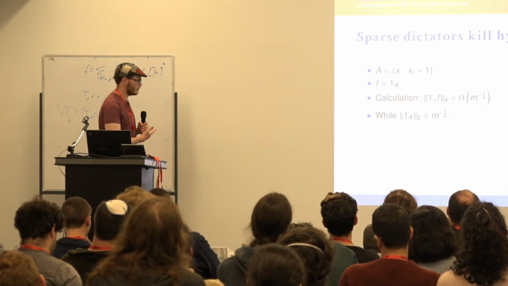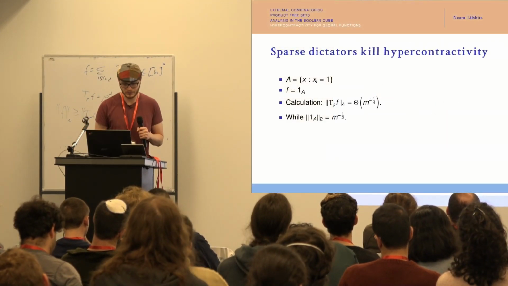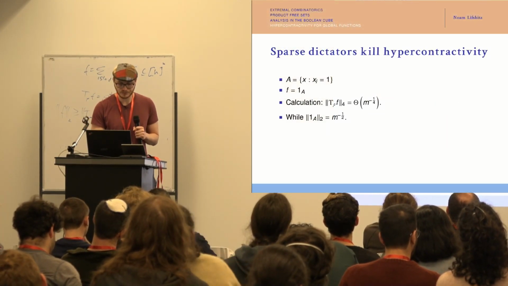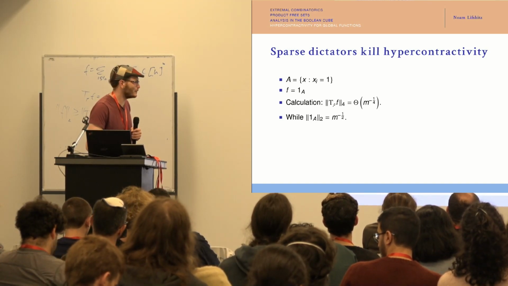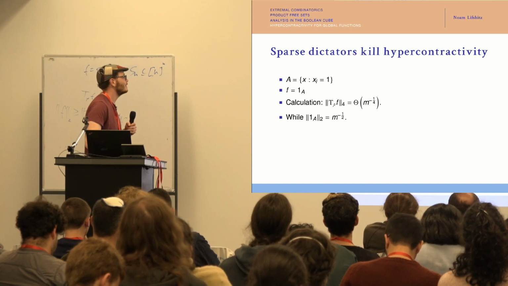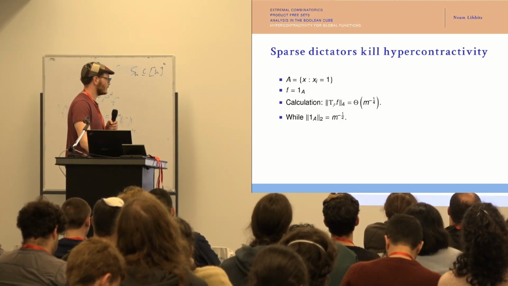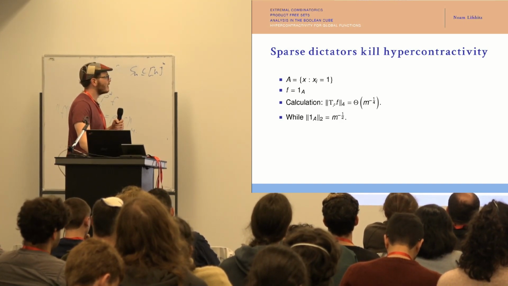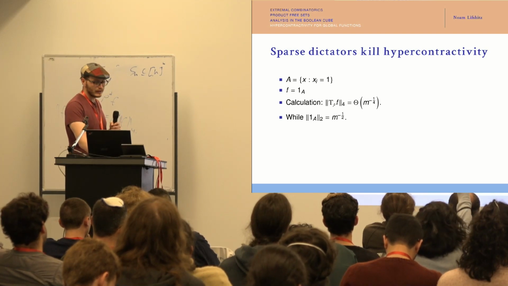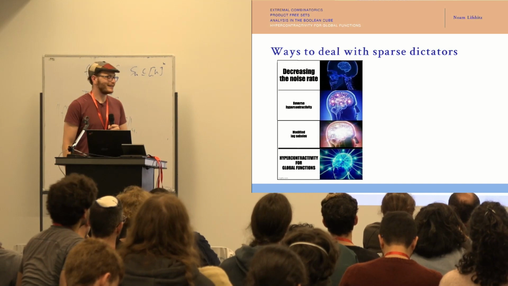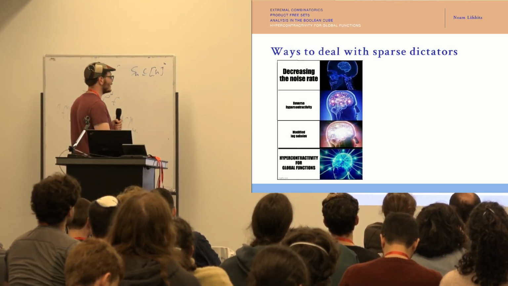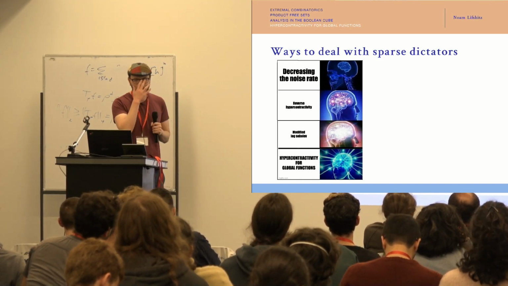And it turns out that you can make a calculation and show that they're also a counterexample for hypercontractivity. So you really need to filter them out in order to get some result. And then there are ways to deal with the sparse dictators.